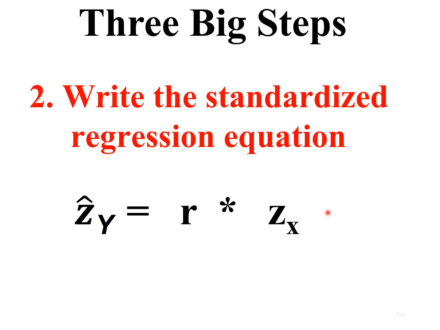So one of them is R. All you have to do is just plug in that R value, and you have your standardized regression equation. If your correlation coefficient is 0.50, then that's what you're going to put for R, 0.50. Now if you calculated 0.80 for your correlation coefficient, then you're going to put 0.80 for R. So that's your standardized regression equation.